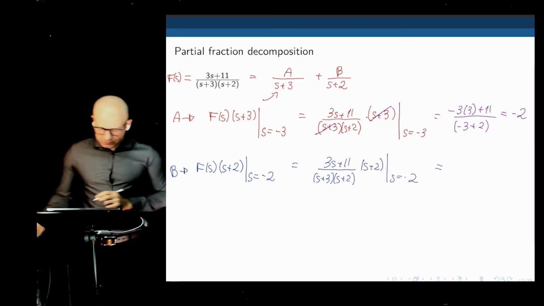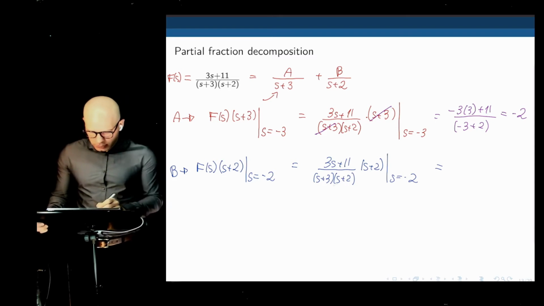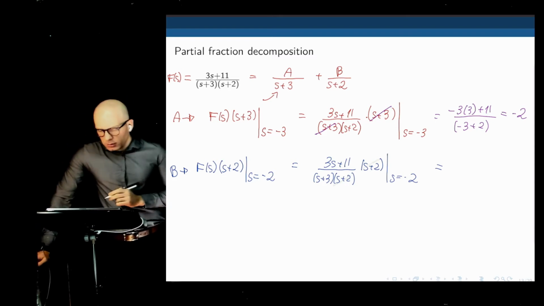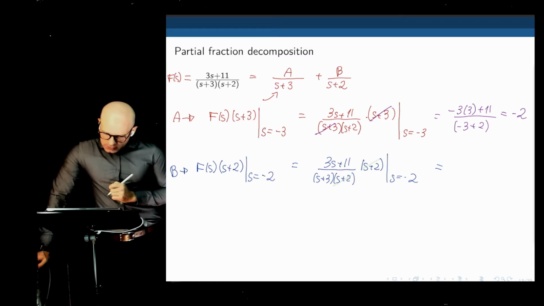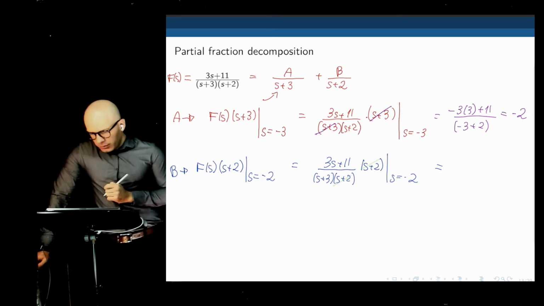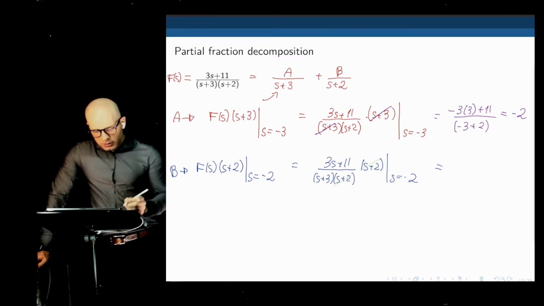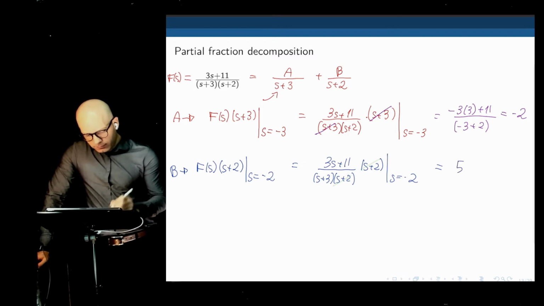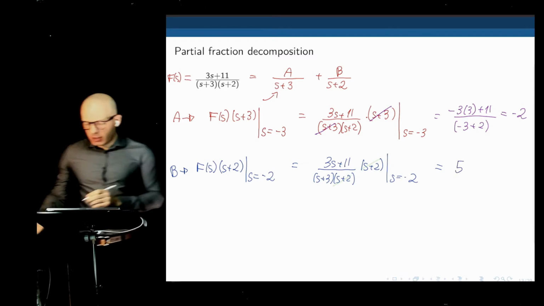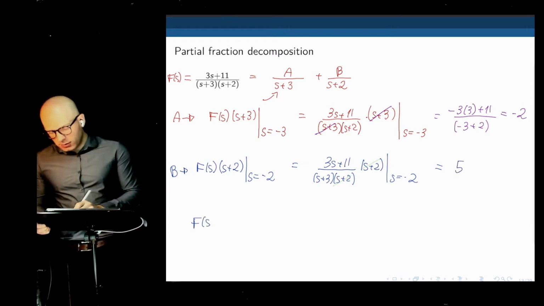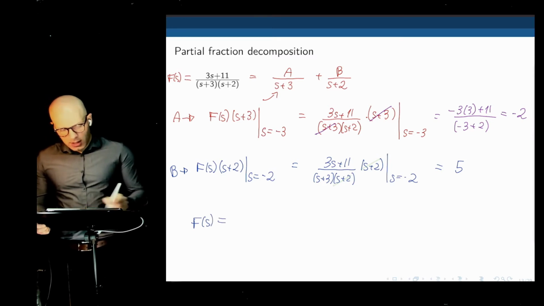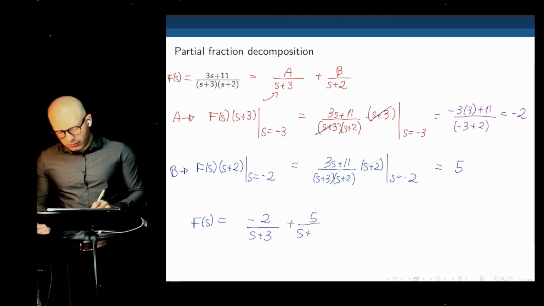And this gives, cancel that, so we have 5 in the numerator and 1 in the denominator, that's 5. Which means that our function f of s can be written as -2 over s plus 3, plus 5 over s plus 2.